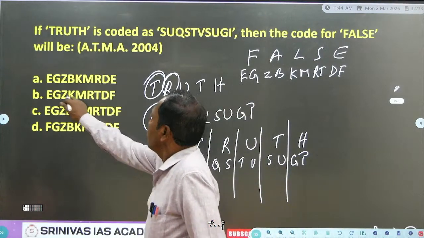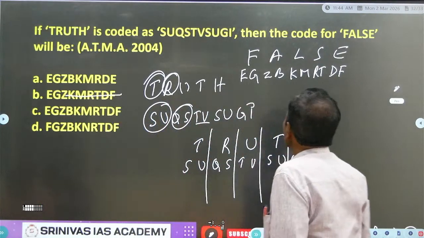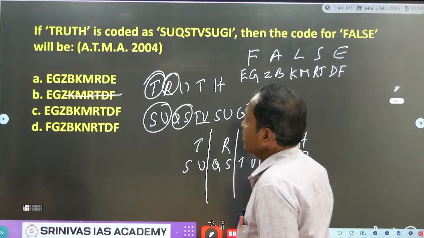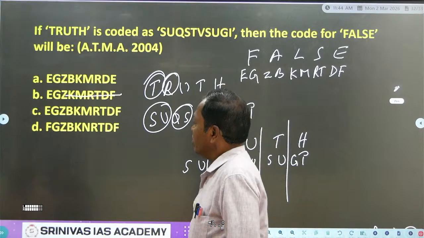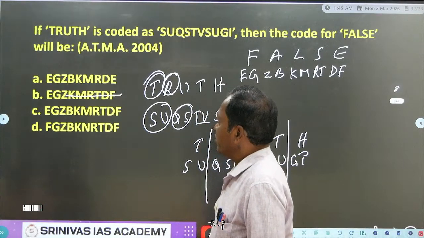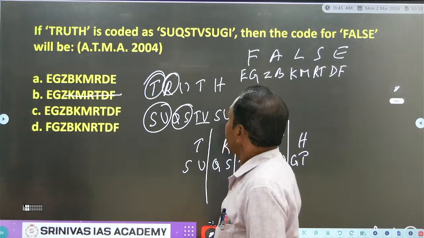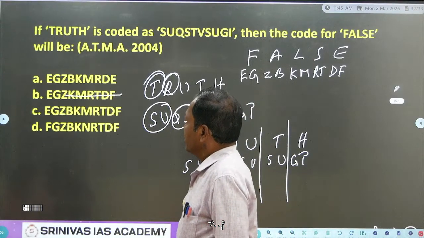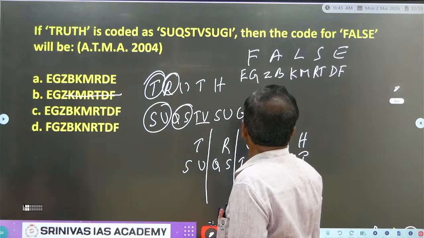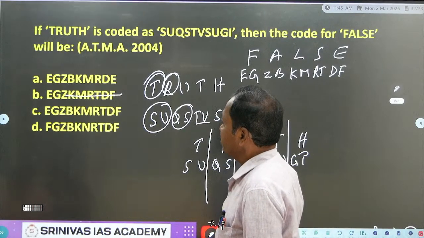Except B, all will qualify. KM or DE, or DF, RT, DF.